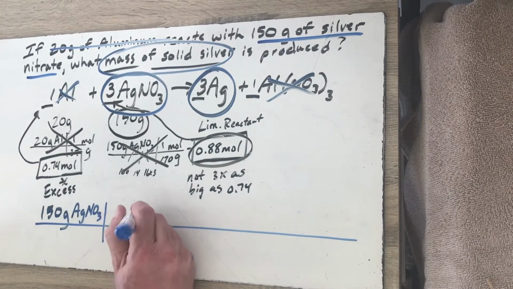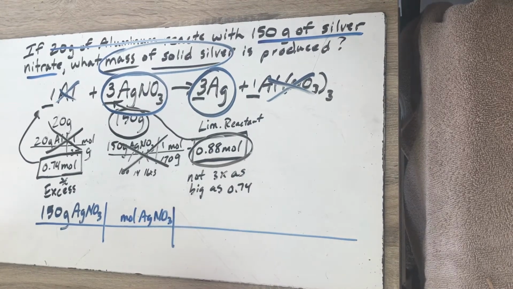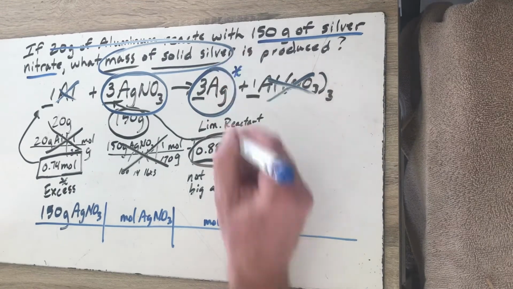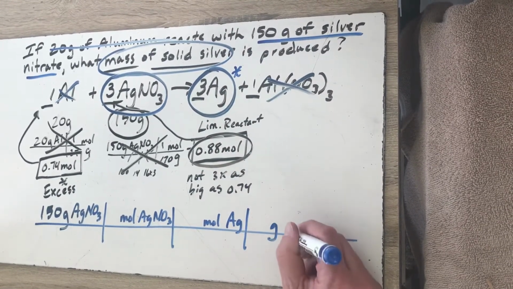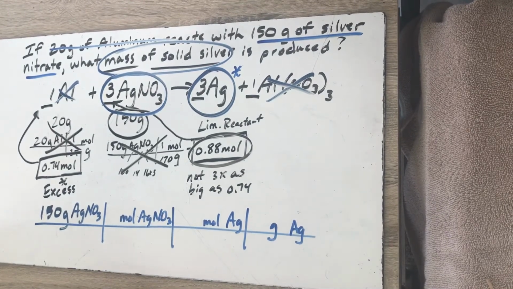I'm going to turn that to moles of silver nitrate. Then I'm going to turn it to moles of whatever I'm looking for. In this case, I'm looking for solid silver, so Ag. And then I'm going to turn it to grams, something that I can measure and compare and actually interpret fairly easy. So grams to moles to moles to grams.